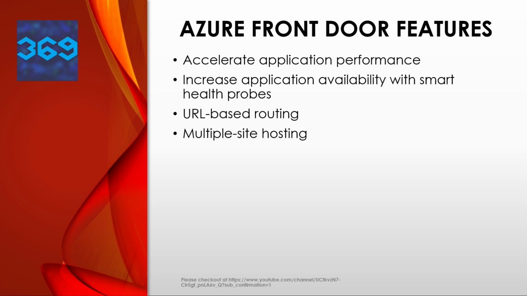Multiple site hosting. Multiple site hosting enables you to configure more than one website on the same Front Door configuration. This feature allows you to configure a more efficient topology for your deployments by adding different websites to a single Front Door configuration. Based on your application's architecture, you can configure Azure Front Door to direct traffic to your backend pool, or have various websites directed to the same backend pool.